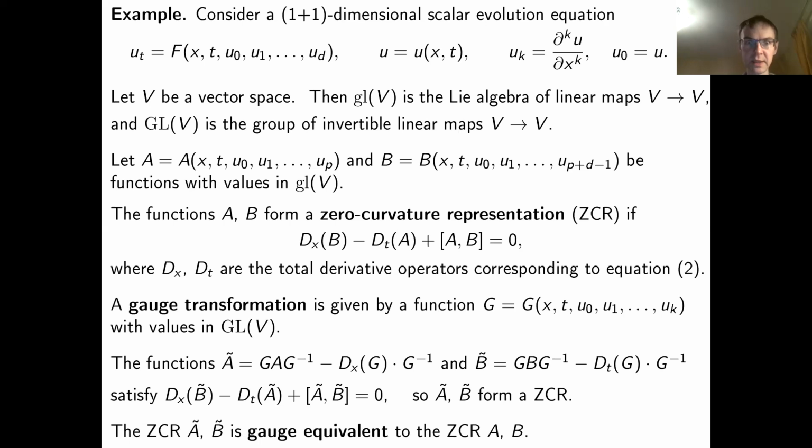The ZCR a tilde, b tilde is called gauge equivalent to the ZCR a, b if they are related in this way by means of some gauge transformation. This is indeed an equivalence relation on the set of zero curvature representations.